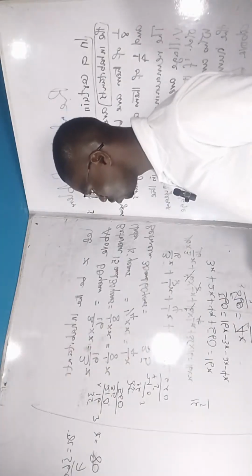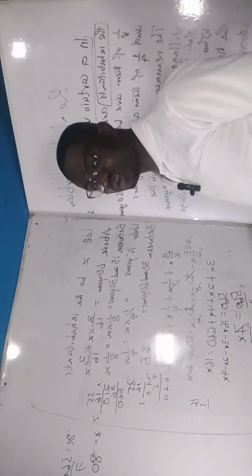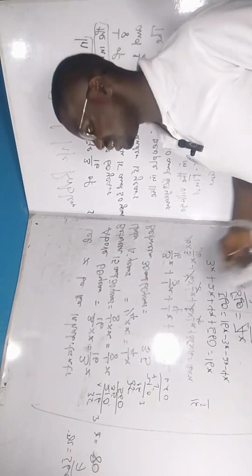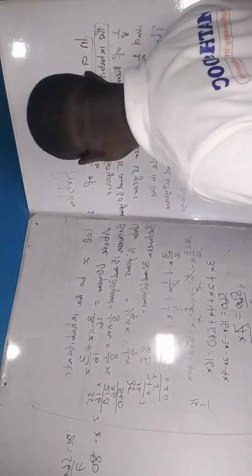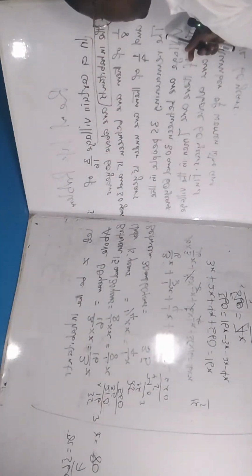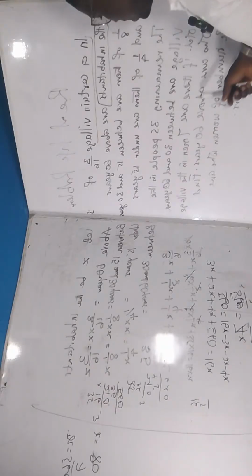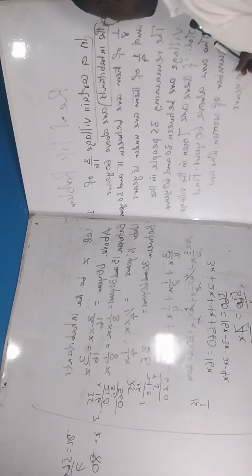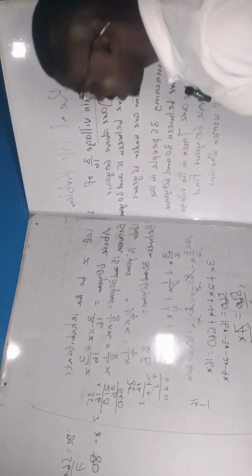So now that we know our x, that's the total number of people in the village, the inhabitants. They are 80, and they are saying that you are supposed to find, if 7 men in the village are above 60. Now let's go to above 60.